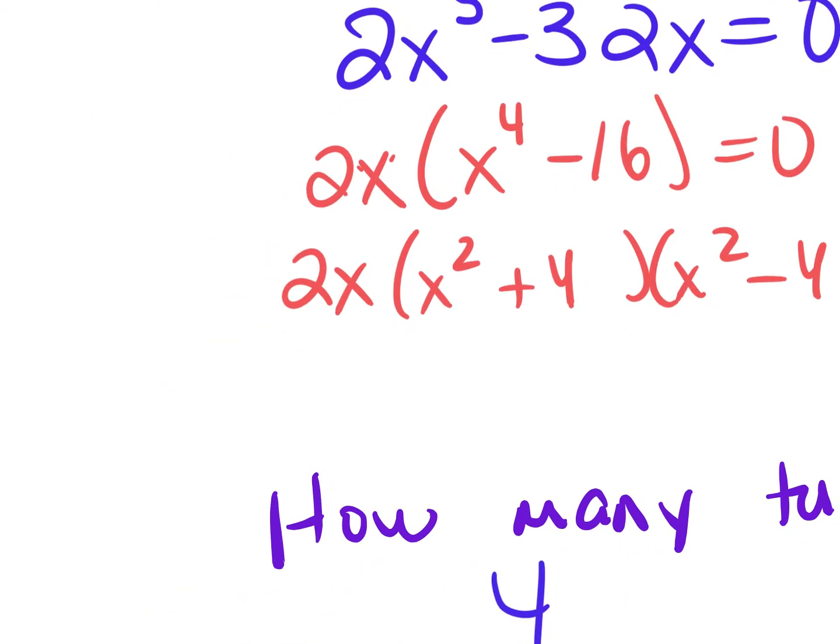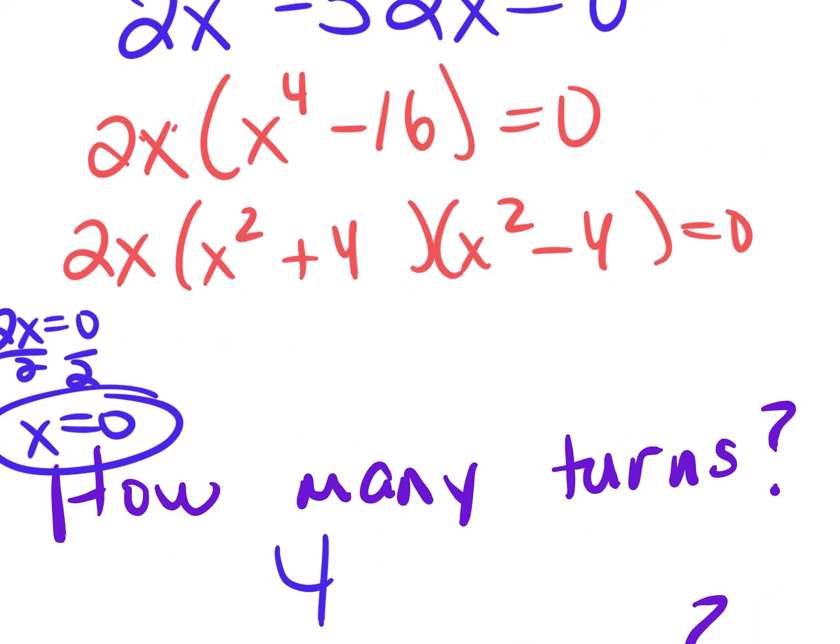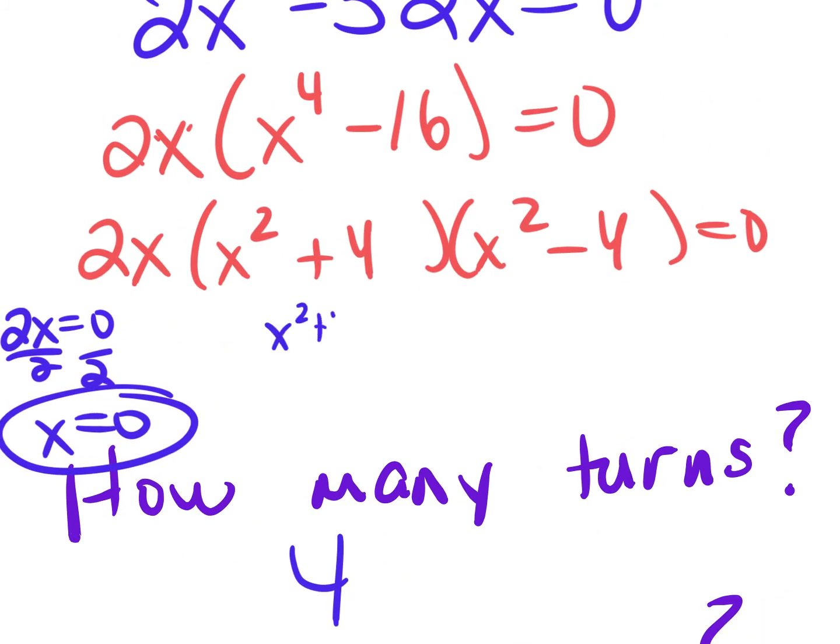So let's set each of these equal to 0. 2x equals 0. Divide by 2, divide by 2. I get x equals 0. Is that an okay answer? Yeah. So here I have x squared plus 4 equals 0. x squared equals negative 4. Take the square root. What happens here? I get x equals plus or minus 2 what? I. Are those 2 viable answers? Yes.